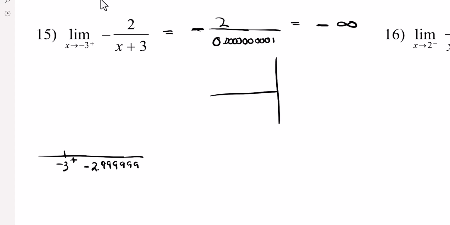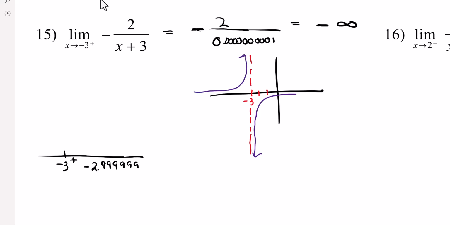So the graph looks something like this. Notice that the vertical asymptote will be at negative 3. And on asymptotes, there's a couple things happening. So from the right side, the graph is probably doing that.